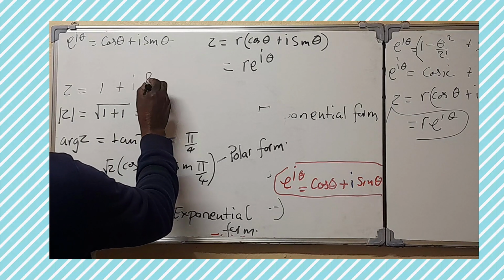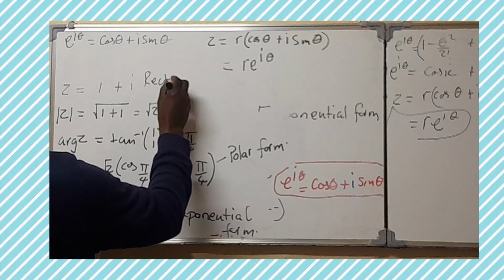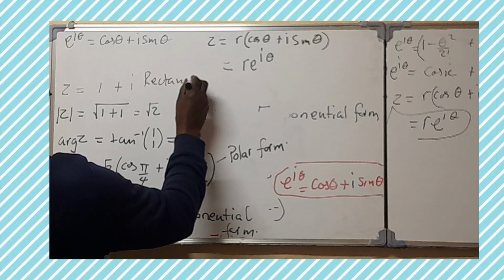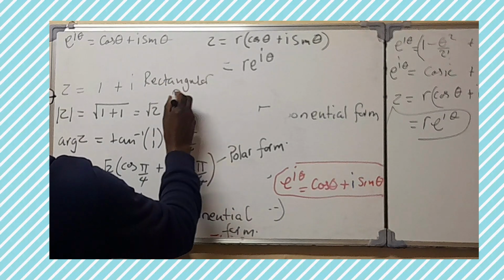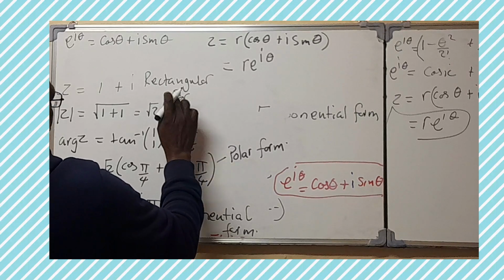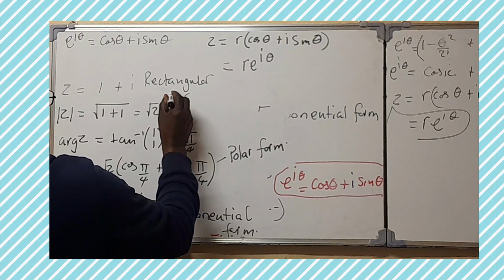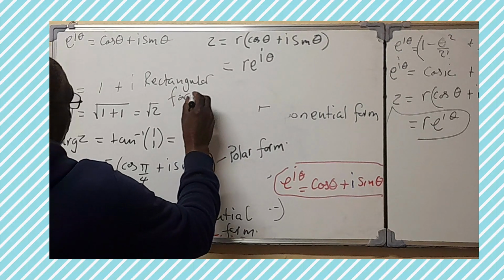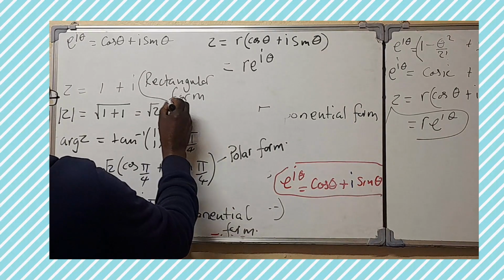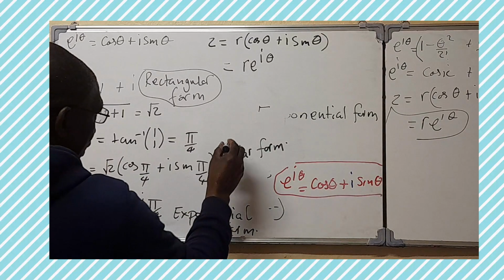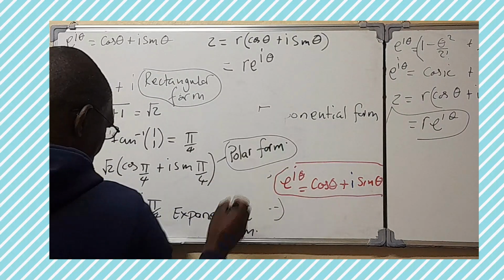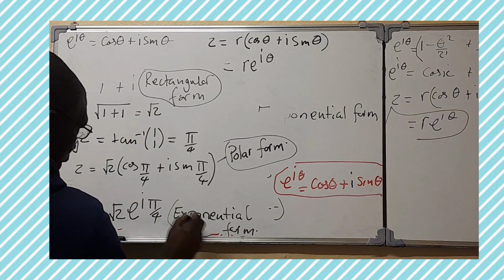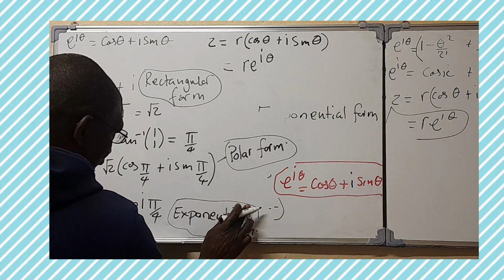Let's call it rectangular form of the complex number, polar form of the complex number, exponential form of z.